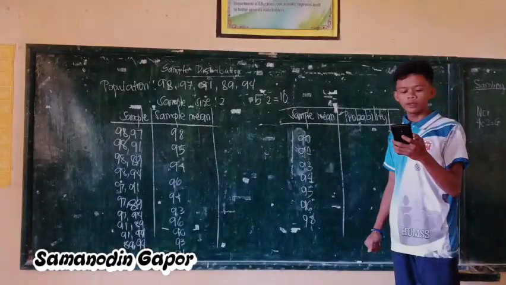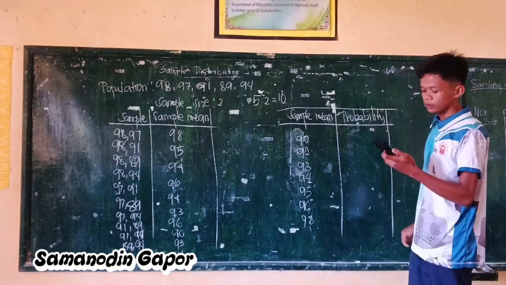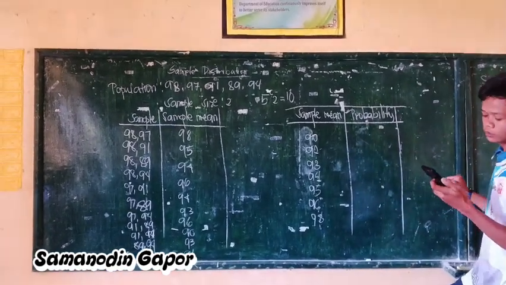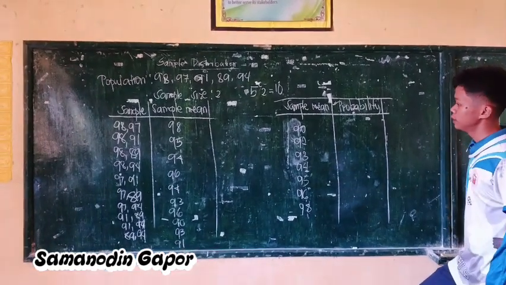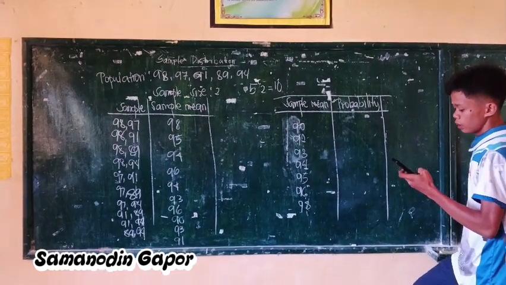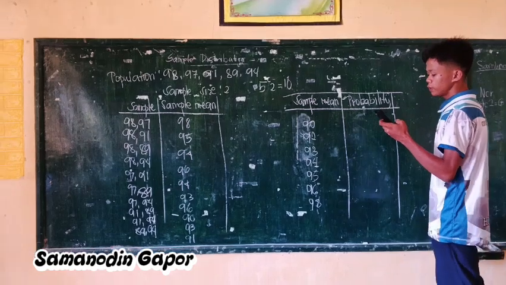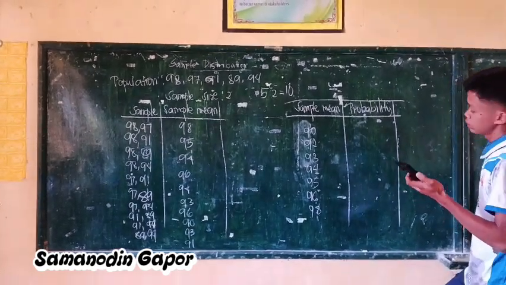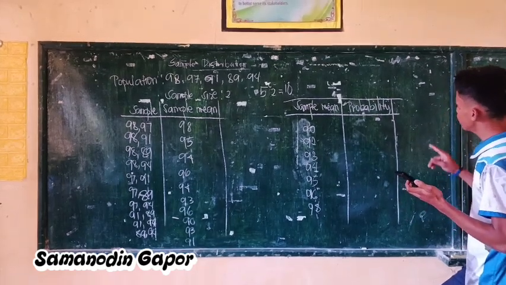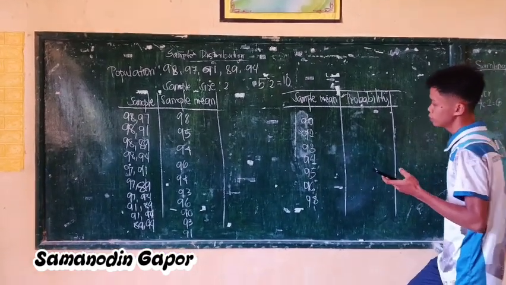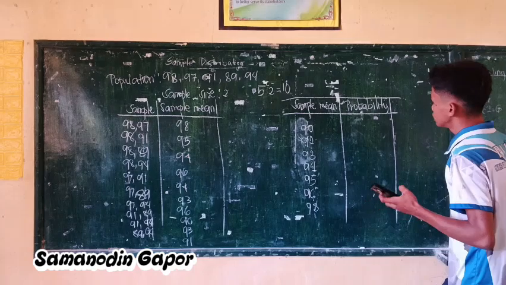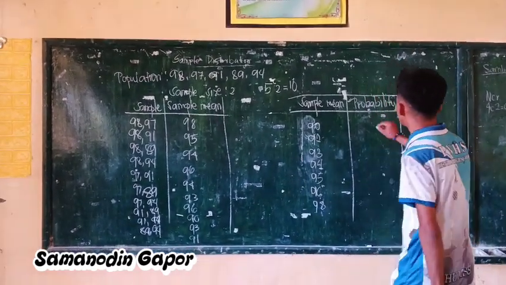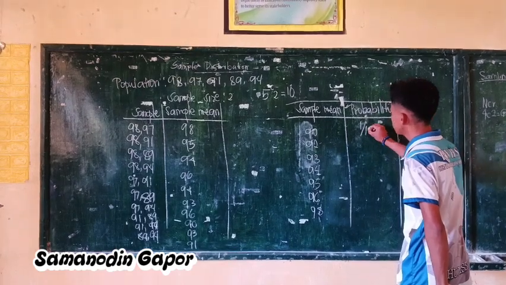What we have shown now is how to solve the samples and sample means. So let's proceed to probability. How can we get the probability of the mean? We have 7 sample means. For 90, we have 1 occurrence, so the probability is 1 over 10.